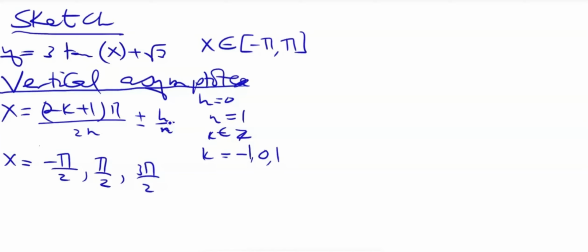Those are the vertical asymptotes. The next thing is the x-intercept, which we get when y equals 0. I zero my y and transpose to find the x-intercept, or I can use the general solution, which I'm going to remind you of in a minute.